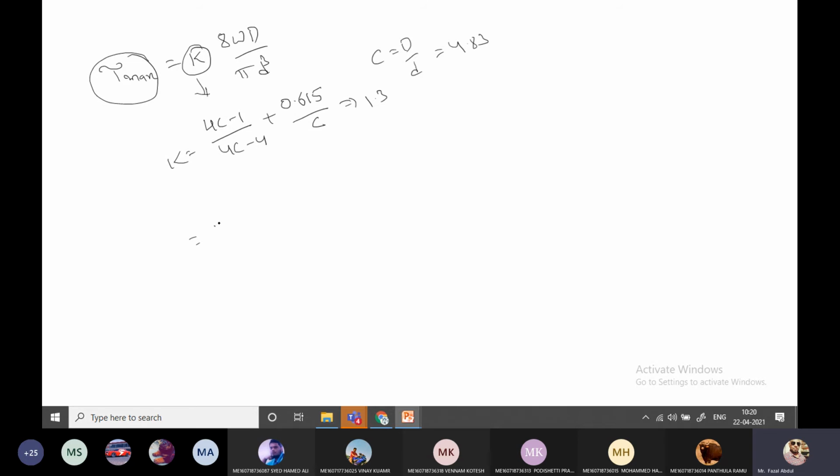So I am writing here 1.3 into 8 into load, how much is given? 1000 newtons, into D value 19.32 we got, by pi into wire diameter we considered, 4.